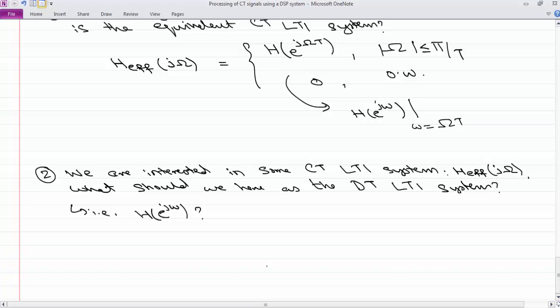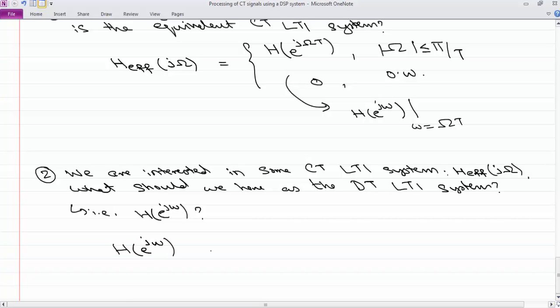So someone tells you, I want to implement a low pass filter with a cutoff of 2 kilohertz. The question is, what is the equivalent discrete time system? Okay, and in that case, the relationship again is simply a scaling of the frequency axis, but now the other way.